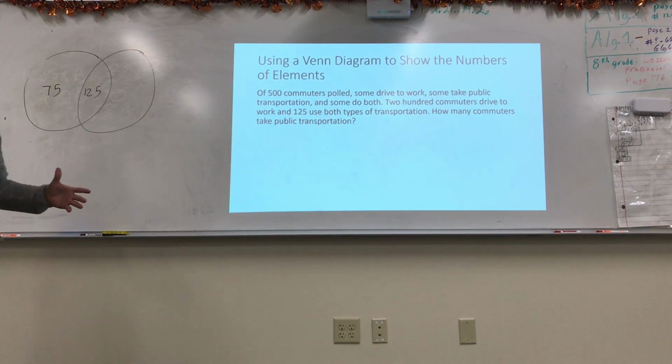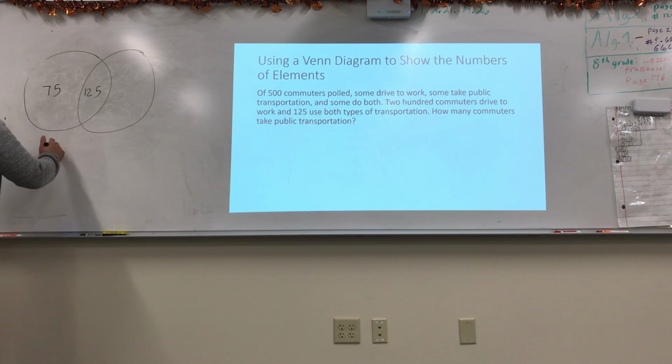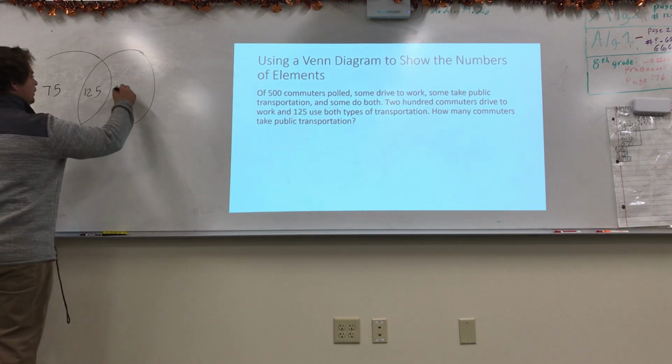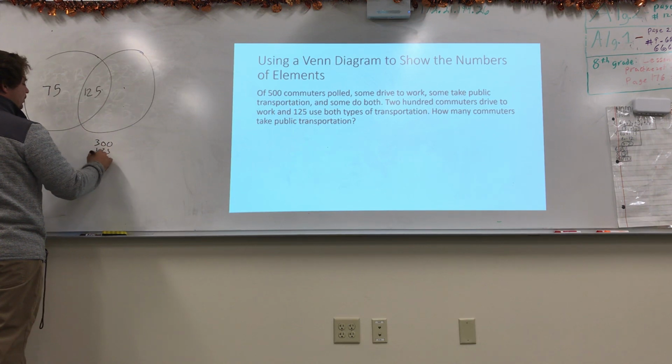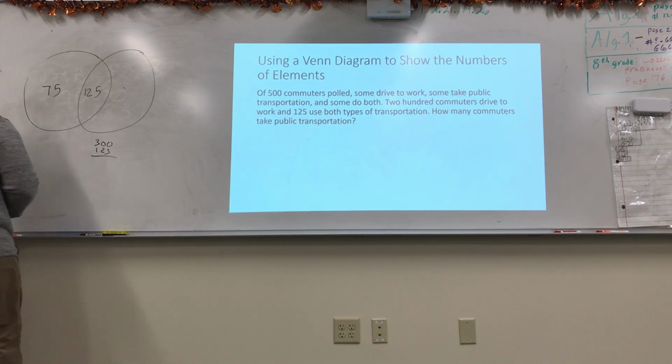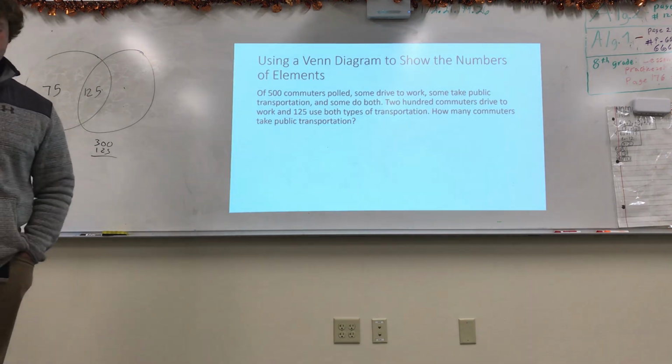How many commuters take public transportation? Well, you have 200 here. Okay. So you have 200 total here. And there's 500 people that were looked at. So that means there's 300 over here. But 125 of them take the bus, at least what I'm thinking here.